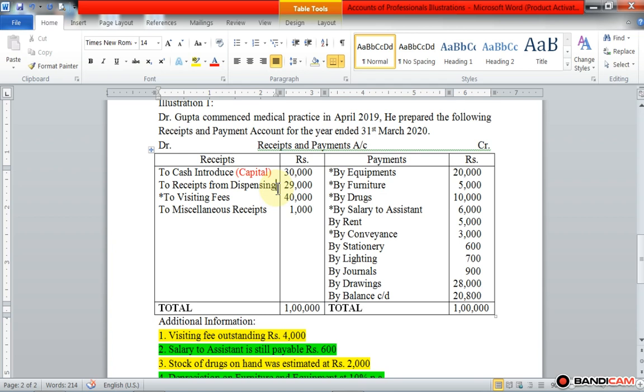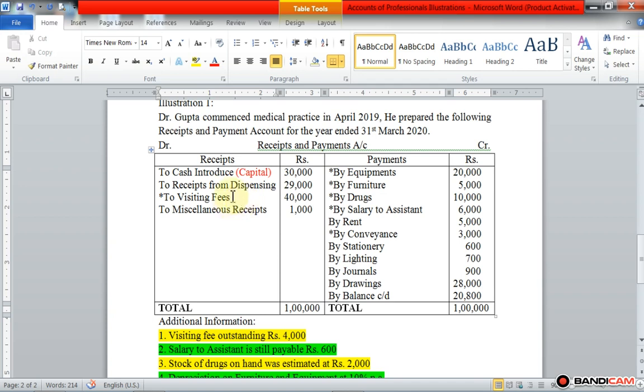Then to receipts from dispensing, it is an income. Income is transferred on the receipt side directly to the outer column, because additional information is not given on the receipt from dispensing. Then visiting fee, it is also income from profession, so it is transferred to the receipt side.